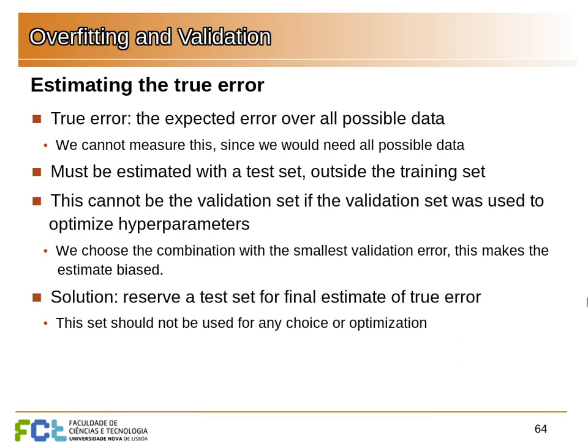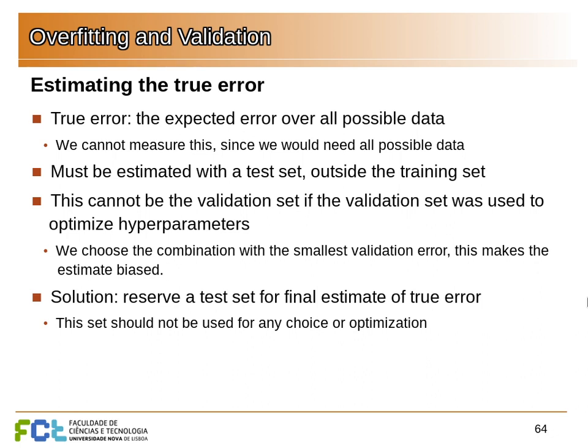So to estimate the true error, you generally cannot use validation. You can use the validation set as a test set if you don't do anything with it. So you're tracking the training and validation error, and you just train one network once, and that's it. Then the validation set will be an unbiased estimate of the true error.